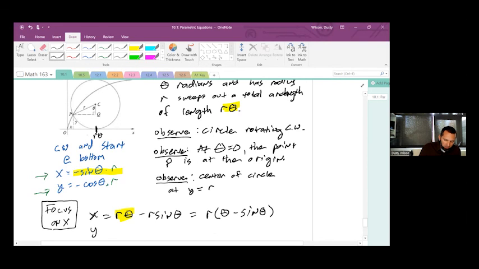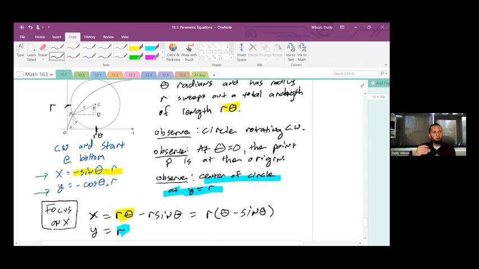My y's are coming from the center of the circle. The center of the circle is here at y equals r. So we know we're going to have an r. And then that only gets us to the center here.